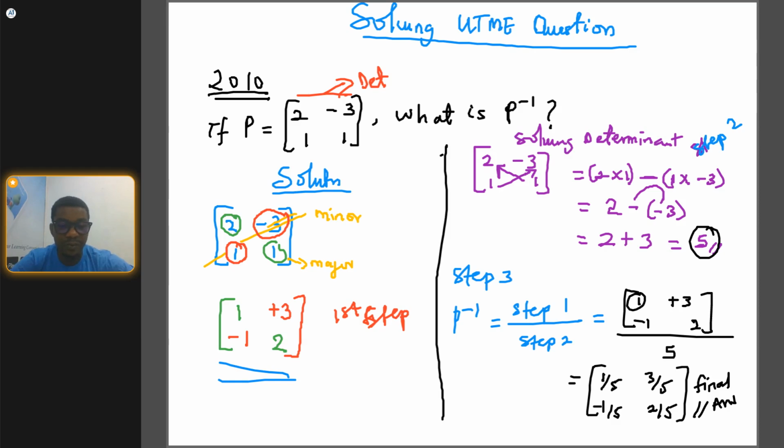That will be the last question we'll be taking for today on solving questions under UTME based on the topic matrices and determinants. So we go on to solve question number 4.